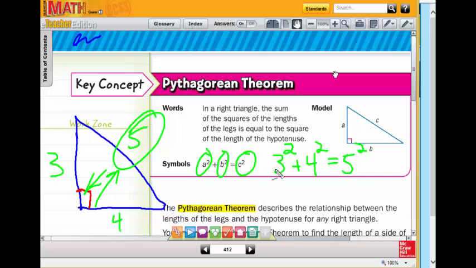So now let's take a look at this. 3 squared, of course, is 9, plus 4 squared is 16, must equal 5 squared, which is 25, and indeed 9 plus 16 is 25. It checks out. Basically that is what the Pythagorean theorem says: if you have a right triangle, you have two legs, and if you square each of their lengths and add those two together, you will end up with the square of the hypotenuse.